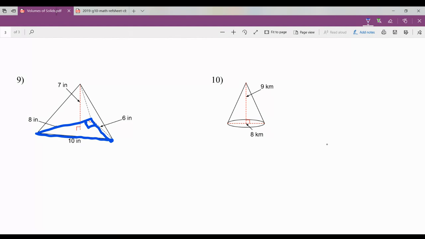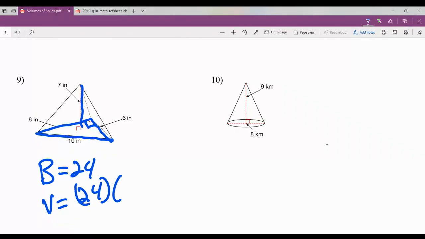So the triangular base is 6 times 8 divided by 2. That's 48 divided by 2, which is 24. So the area of the base is 24. We're multiplying that times the height, which it turns out is 7. So the volume is area of the base times the height divided by 3, or multiplied by 1/3.